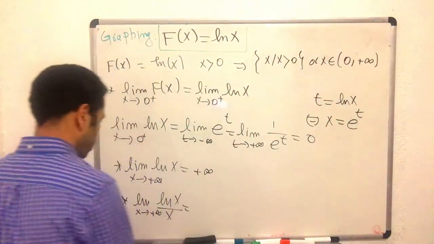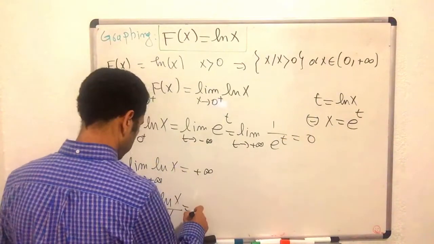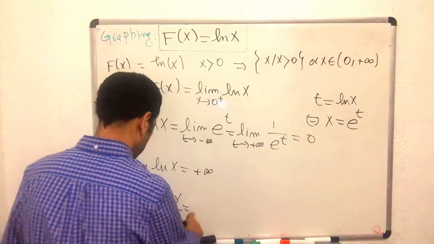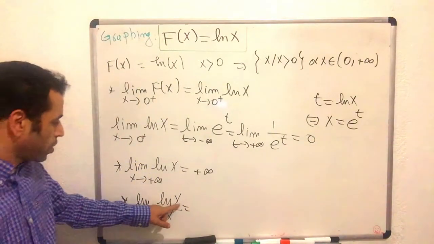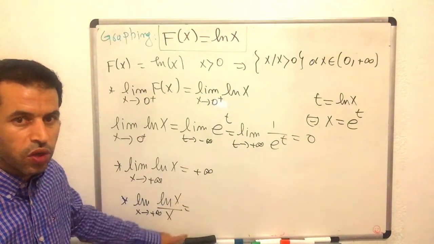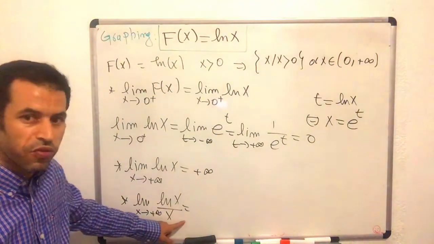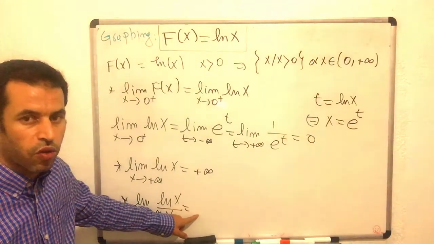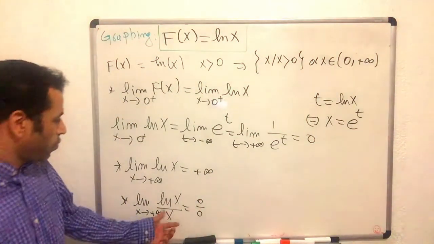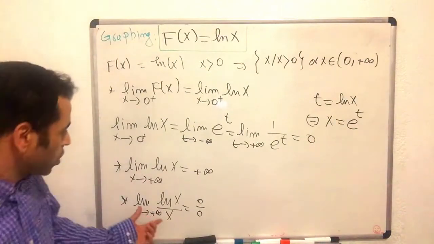Okay, so if you plug plus infinity into natural log x over x, it equals plus infinity over plus infinity, which is an indeterminate form, so we have to change to another form in order to calculate this limit.